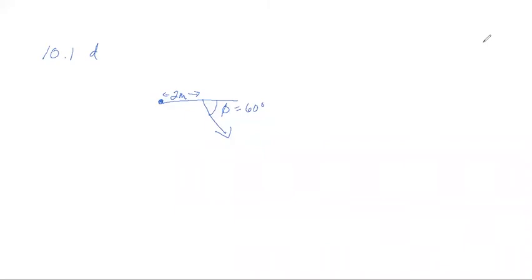10D. We have a scenario like this, where the force is applied midway. So now we have the lever arm, L equals R sine phi, equals 2.00 meters times sine 60, equals 1.732 meters.